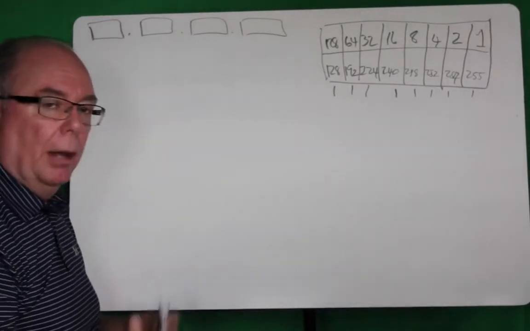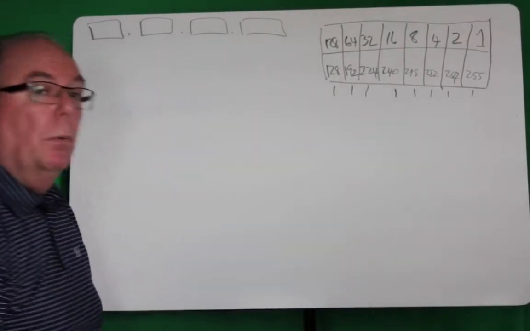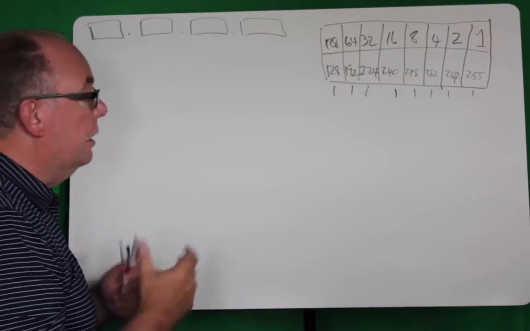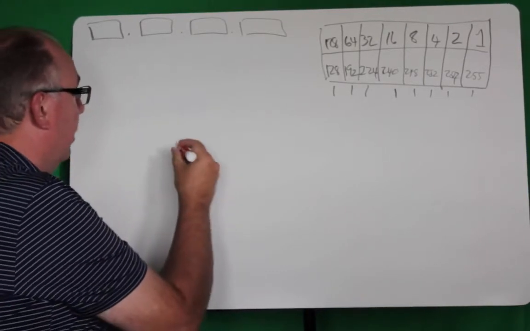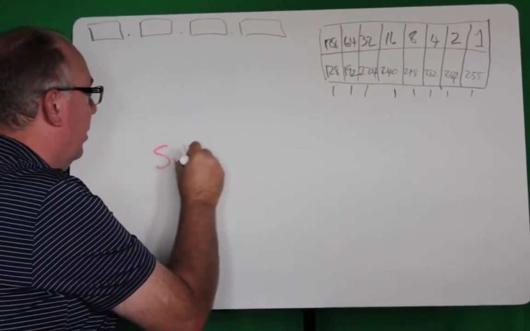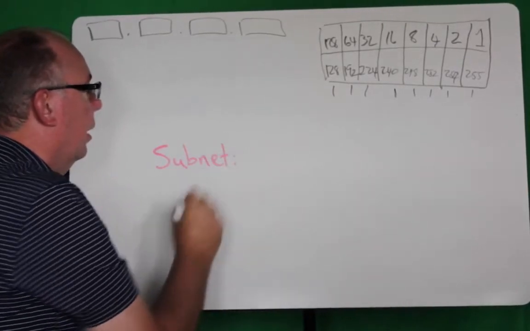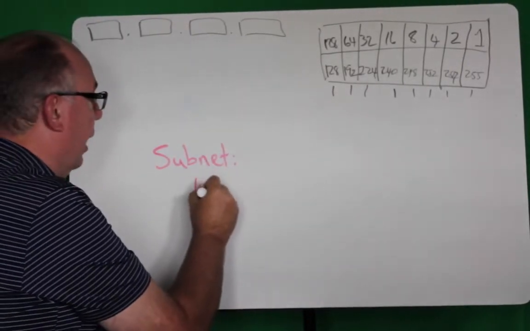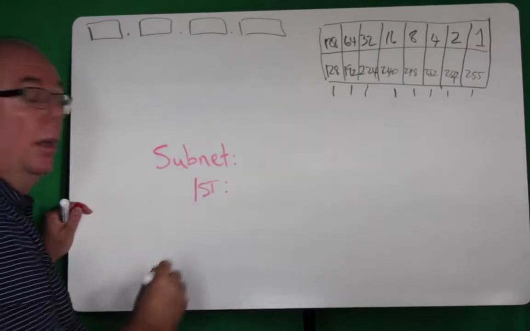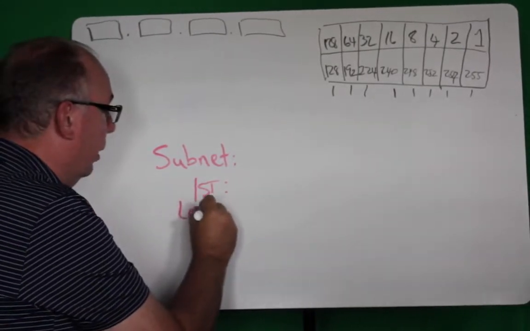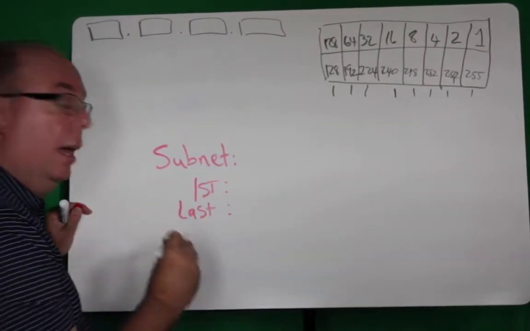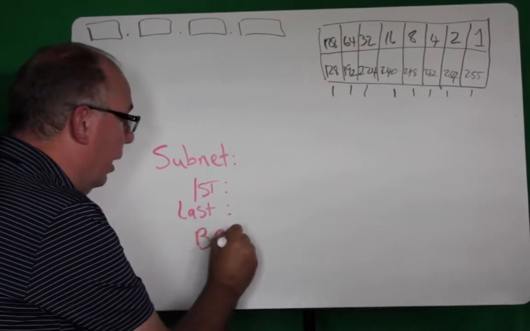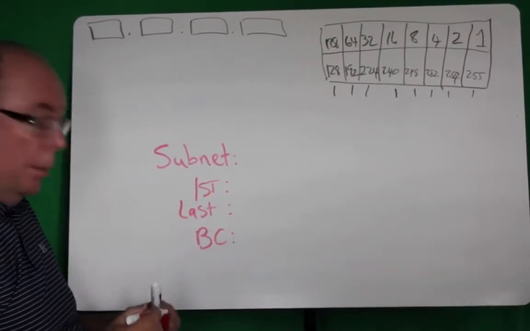Now when we think about IPv4 subnets, what we want to do is understand exactly what the subnet address is, what the first usable address is, what the last usable address is, and what the broadcast address is of a given subnet.